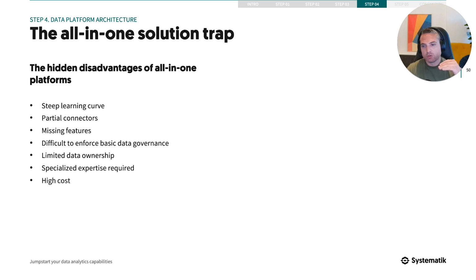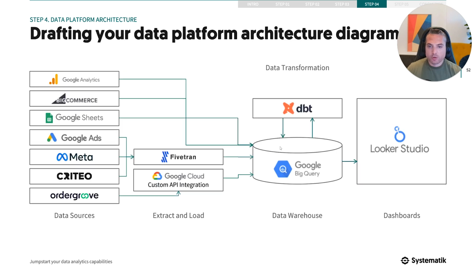But if you need the data transformation, and those connectors, and a higher refresh rate, the cost just keeps on rising. At some point, this becomes a massive liability, and it's really hard to get rid of because you cannot just replace one part. You have this all-in-one, so you're kind of stuck with it. So I would be very, very careful to use that.